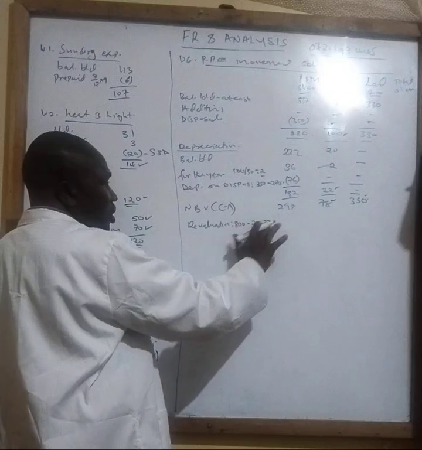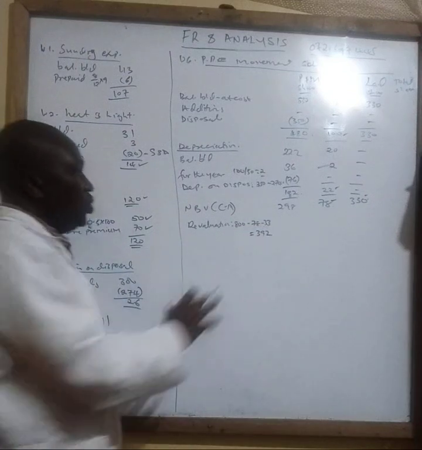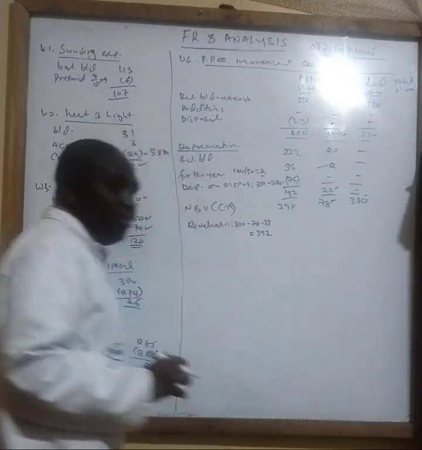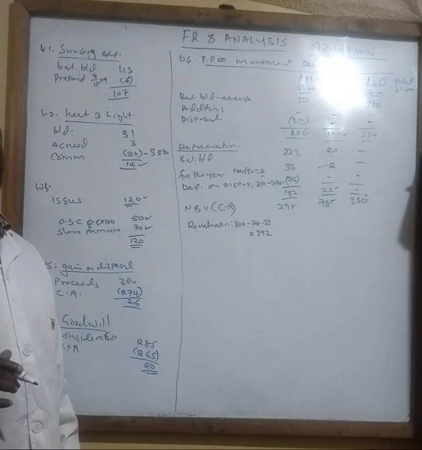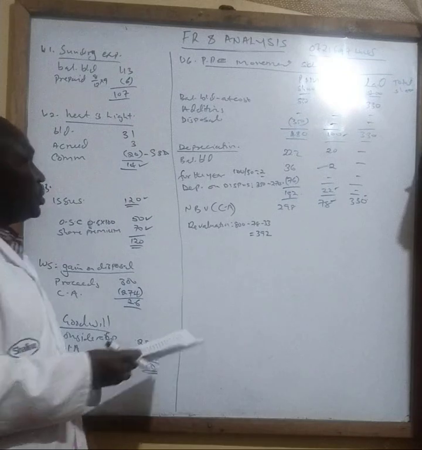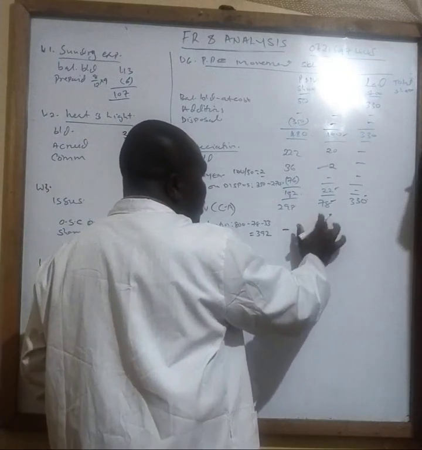So these two, 392 is our revaluation. So which means when I add this plus this, my answer should be 800 for that matter. Therefore, this one is not depreciating. So this one is not being revalued, but this one is being revalued.